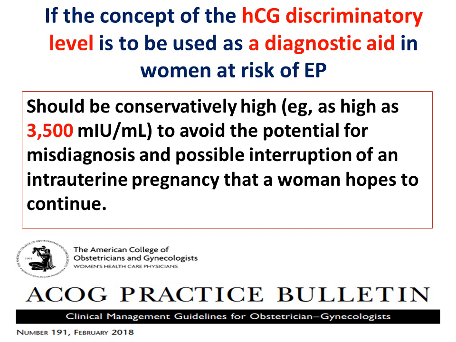And this is a common mistake, that some doctors do beta HCG for the case and it comes with 400, 500, 600 and so on, and when following up the rise is not 66%, so they say it is a case of ectopic pregnancy, and they do laparoscopy or laparotomy or medical treatment for this case. This is wrong. If you rely on the beta HCG discriminatory zone alone as a diagnostic aid, it should be very high, as high as 3500 units per liter, and this is a recommendation of the American College.